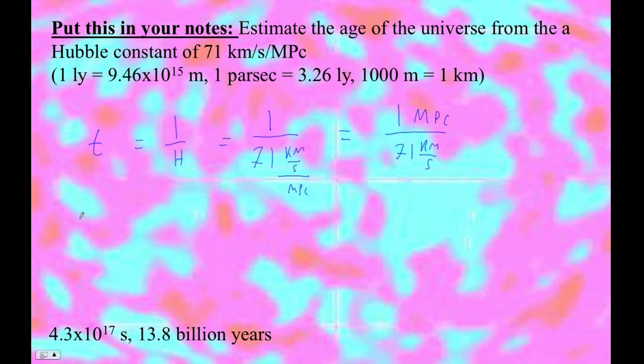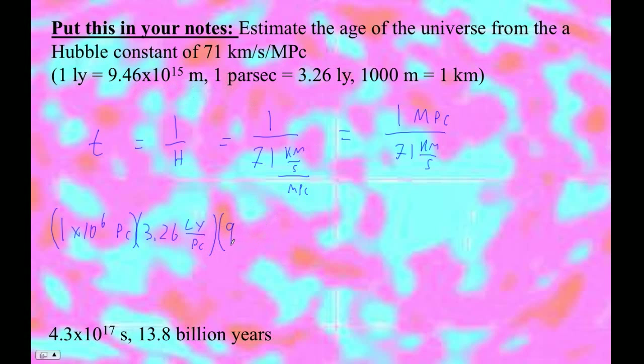All right, so let's convert megaparsecs into kilometers. So 1 times 10 to the 6th parsecs. A parsec is 3.26 light years, so I have to convert it to light years. And then we have to turn it into meters, and these are the conversions they give you in the data packet, so I'm sticking to those.